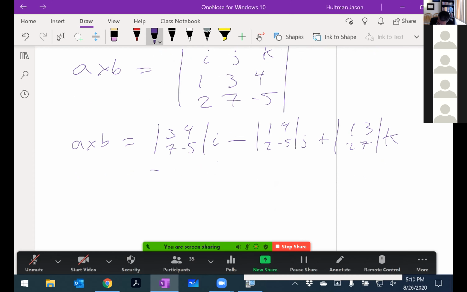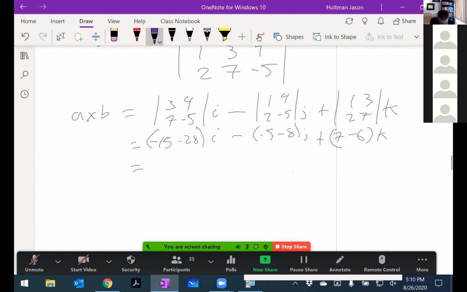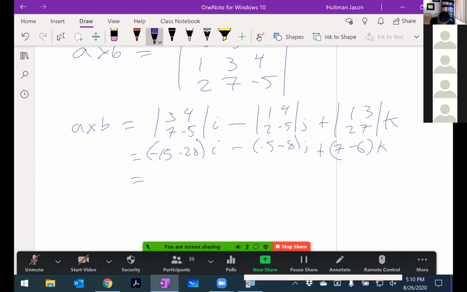Okay, so this is going to be -15 minus 28, I. Minus, this is going to be -5 minus 8, J. Okay, and this is going to be 7 minus 6, K. Okay, and so we're going to get -43I plus 13J plus 1K.